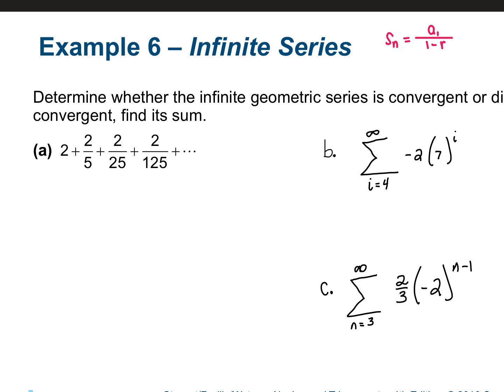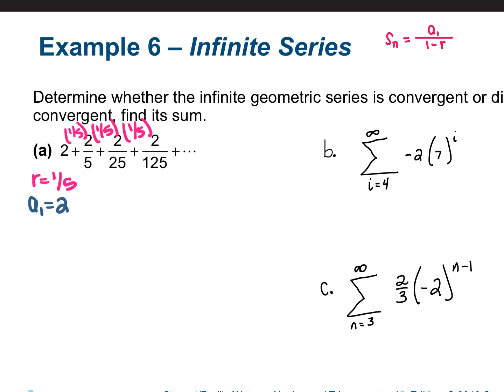So your common ratio, or r, if you multiply that 2 by 1/5, you get 2/5. The 2/5 times 1/5 is 2 over 25. 2 over 25 times 1/5 is 2 over 125. So r in this case is 1/5. Your a sub 1 is 2, because that's your first term.